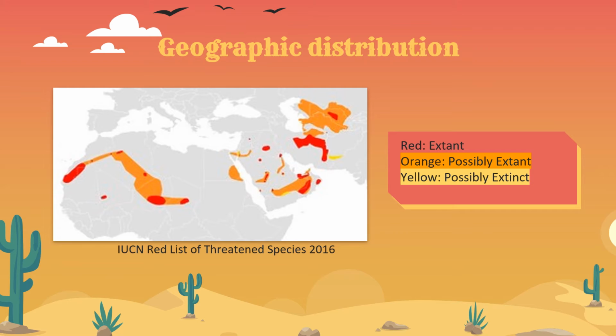Okay, geographic distribution. Here I've provided a map to display the areas where the specific species Felis Margarita can be found. If you guys don't know what this is, Africa. So to the far left we have Mauritania. I don't know if I'm pronouncing that correctly, but it is shown in red, meaning that they're extant, meaning that they are surviving, they're doing well.